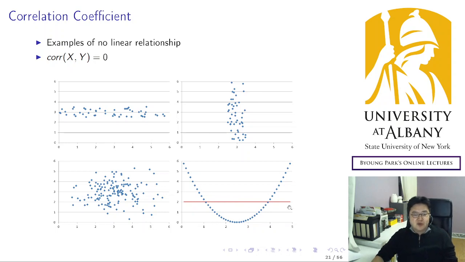Of course it does not fit well, but anyhow it's flat, so the correlation is 0 seemingly. If you calculate, correlation will be 0, but you have to be careful. It doesn't mean there is no relationship. There is no linear relationship, but there is a very strong quadratic relationship. So as a word of caution, you have to be careful in interpreting this kind of data.